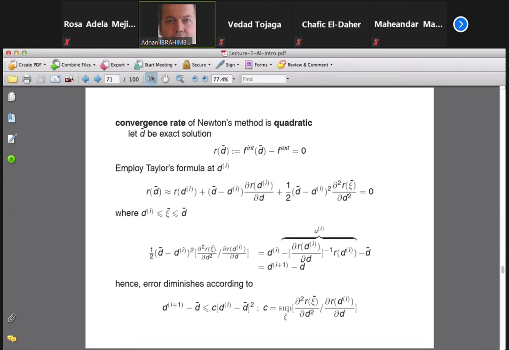So what's really good about Newton's method, first of all, is that once you're close to the solution, you can have so-called quadratic convergence rate. In other words, it is very easy to show that once you get close to zero, the number of zeros behind the decimal point is doubling.